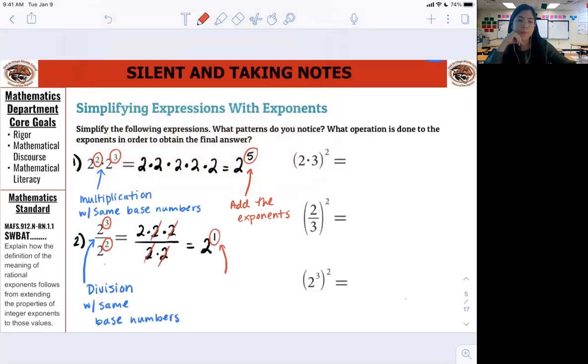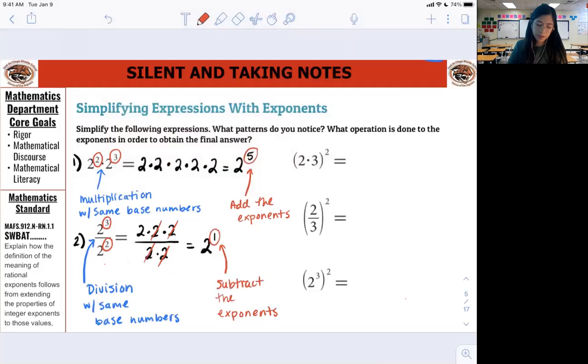What are we doing? Dividing. I had a 3 and a 2. Oh, subtracting the exponents. Okay, so notice the pattern. When you multiply the base numbers, you add the exponents. When you divide those base numbers, you subtract the exponents.